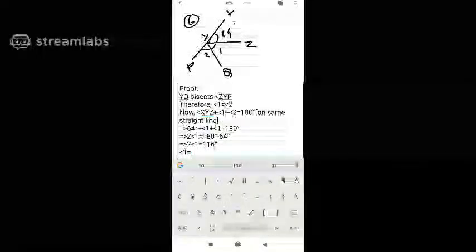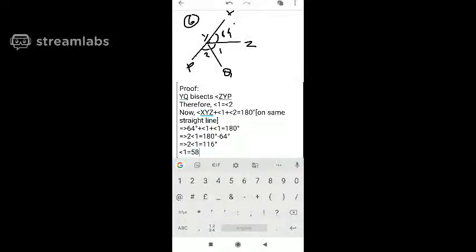Next line implies 2 angle 1 equals, subtracting, 116 degrees. Now angle 1 we can find out: angle 1 will be equal to 116 by 2, that means 58 degrees.